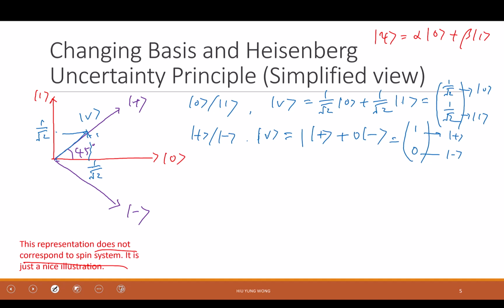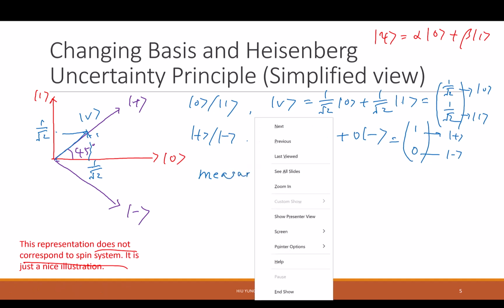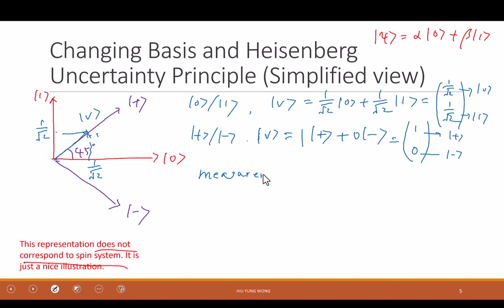Now I want to ask you, if I do a measurement in the 0, 1 basis, I try to measure whether it's 1 or 0. What is the chance that I get 1 or 0? Someone say 50%, right?